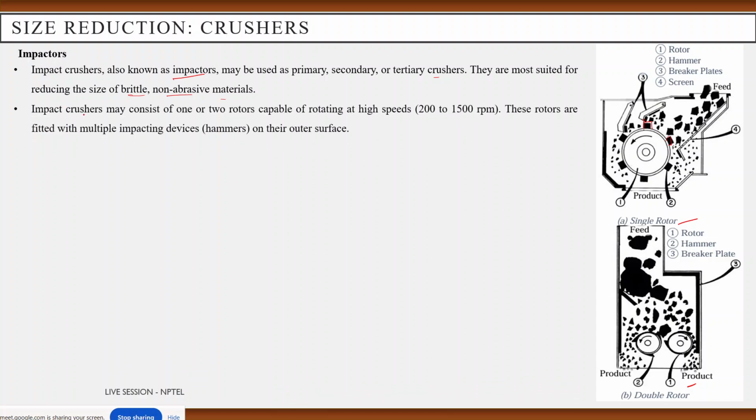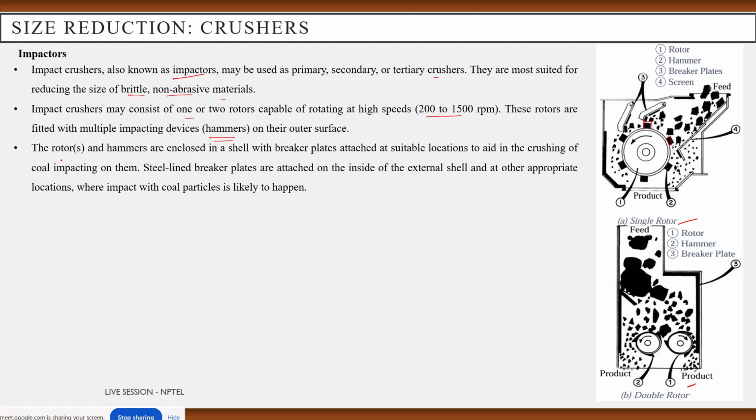An impact crusher may consist of one or two rotors which are capable of rotating at a very high speed, that is 200 to 1500 rpm. These rotors are fitted with multiple impacting devices or hammers on the outer surfaces.